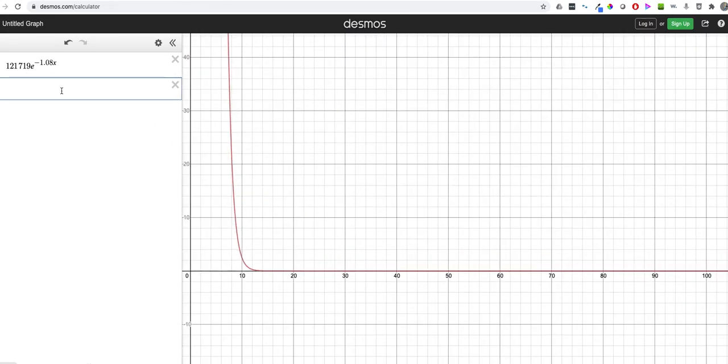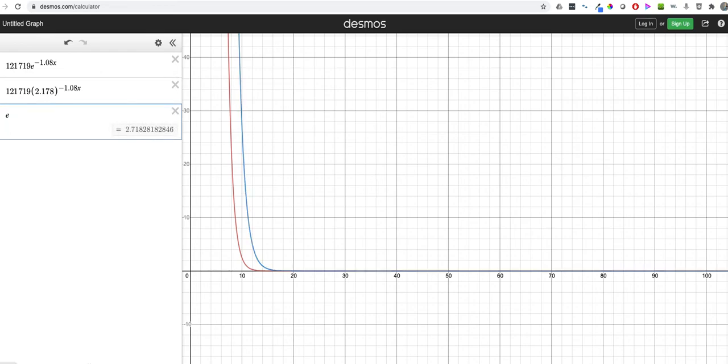And since you're not familiar with e, if we just type in e, it tells us right here that it's 2.718. And so we're just going to copy this, change the e to 2.718, just so it's lining up.